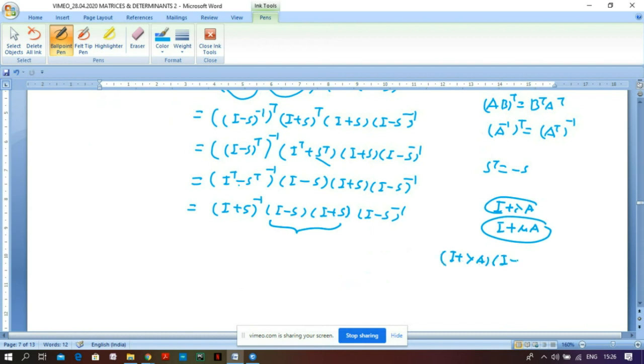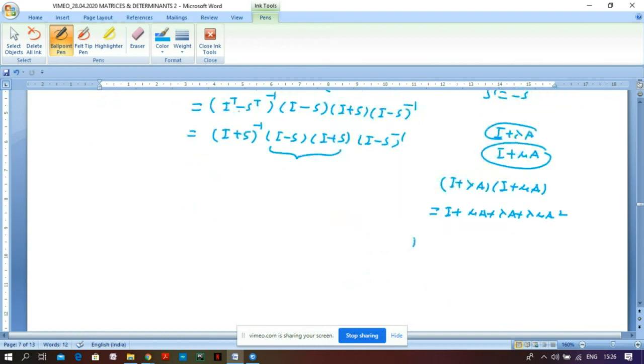Just to recall, I plus lambda A times I plus mu A gives I plus mu A plus lambda A plus lambda mu A squared. And if you write I plus mu A times I plus lambda A, that will again give you I plus lambda A plus mu A plus lambda mu A squared.